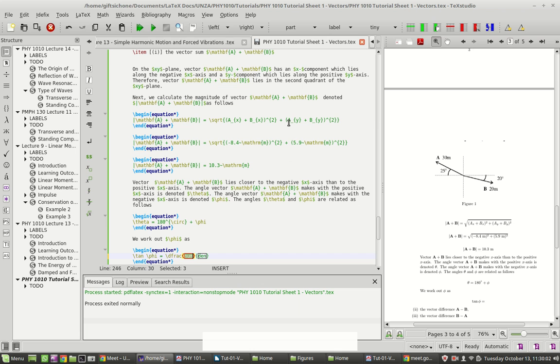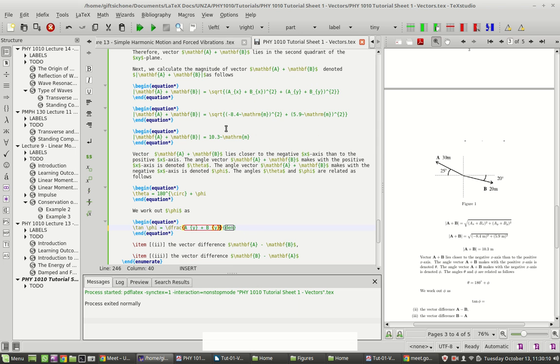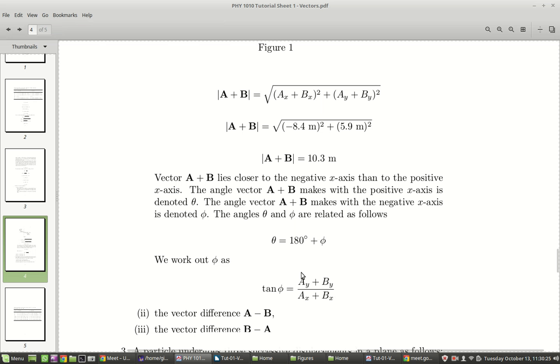Okay, so tan phi is going to be these guys divided by this lot, like that: AY plus BY, then AX plus BX.